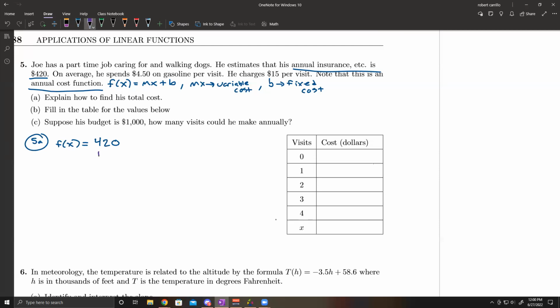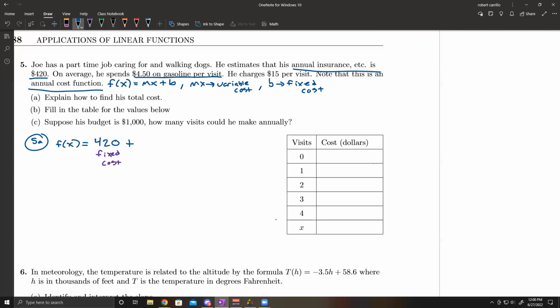So we have found the fixed cost. Now, plus, we're going to look for that variable cost. What's costing him to do this job? So the next piece says, on average, he spends $4.50 on gasoline per visit.